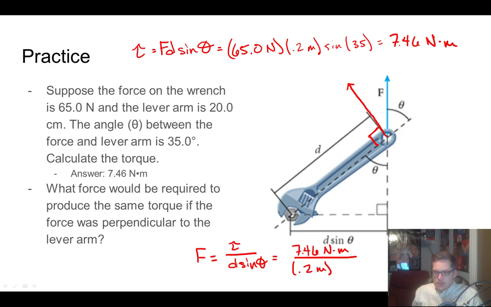And for sine theta, when we're perpendicular the angle is just going to be 90. Sine of 90 is 1, so it just turns into 7.46 divided by 0.2, and we get 37.3. The unit is newtons, 3 sig figs, we're golden. We get the right answer, thank goodness.